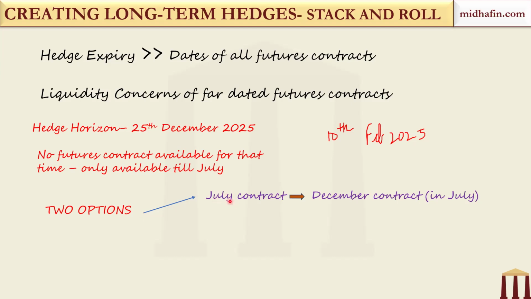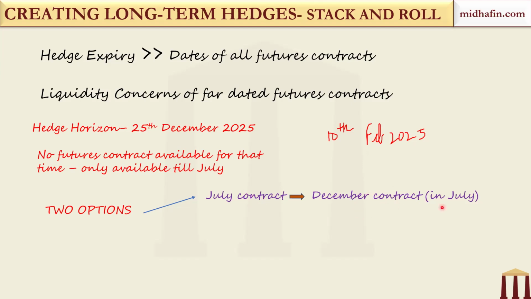And then as soon as July is reached, there is a chance that the December contract will be opened. Because in February, if you're already having the July contract, then it is possible that in July, you might be having the December or at least the November contract for sure. So this is one option for you. You go for the July contract now, and then you go for the December contract in July.